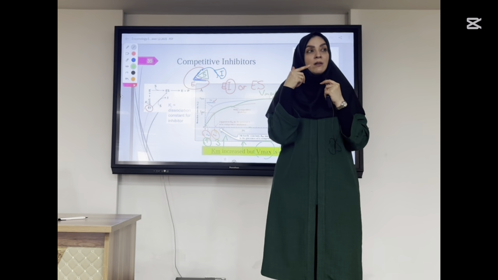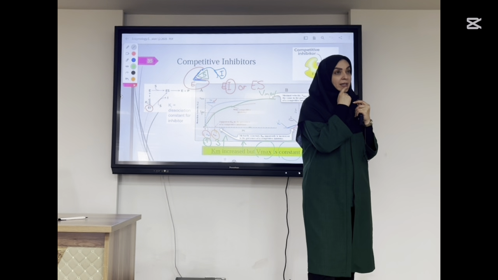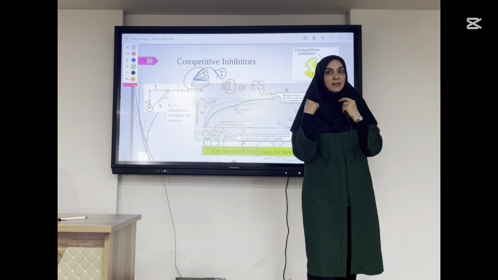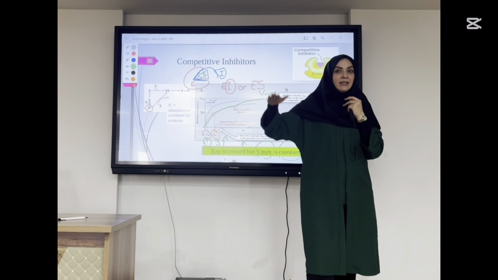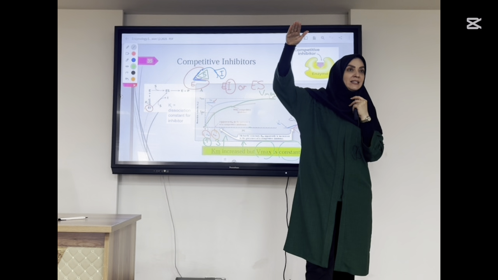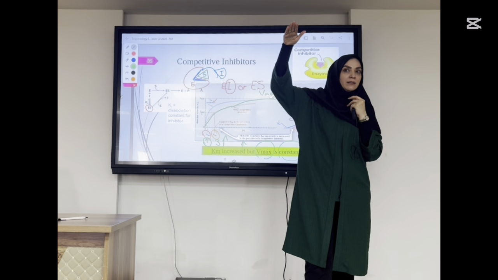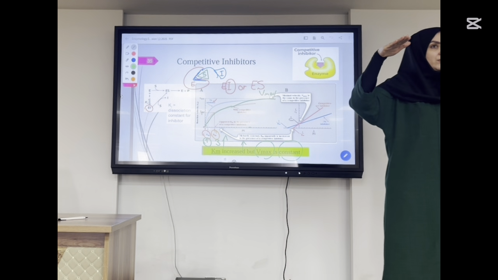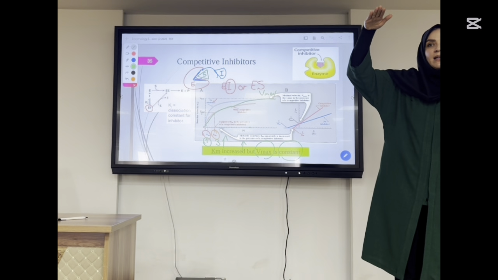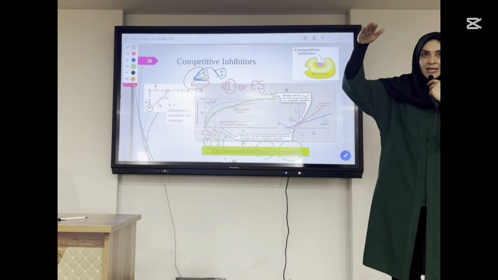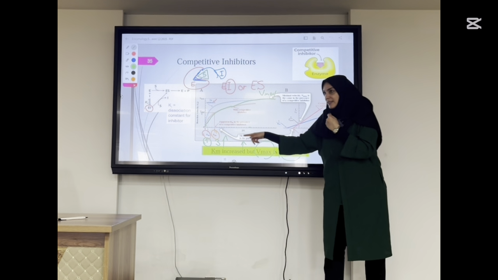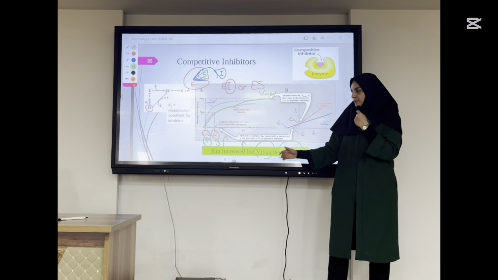I know that with a competitive inhibitor, Km increases. So affinity decreases. There is an inverse relation between Km and affinity. When Km increases, affinity decreases.